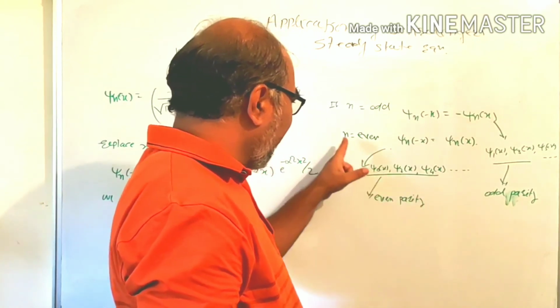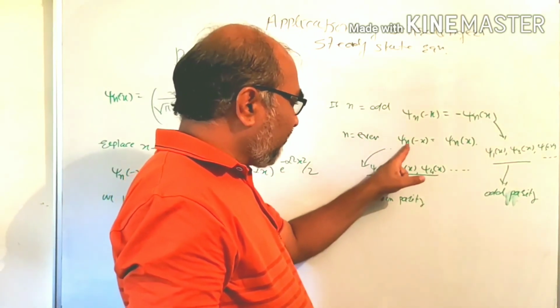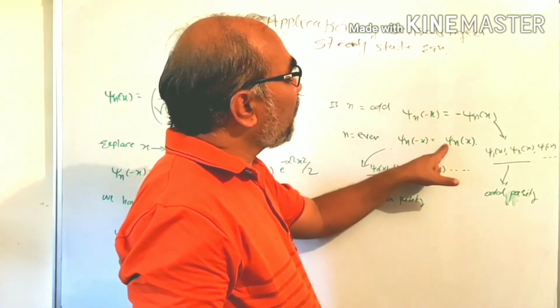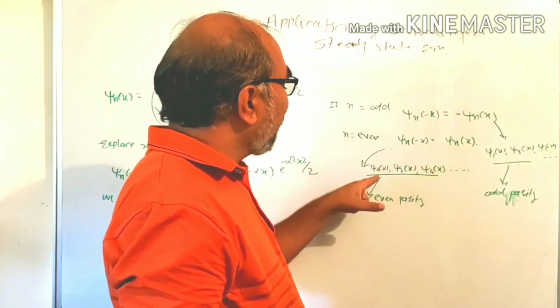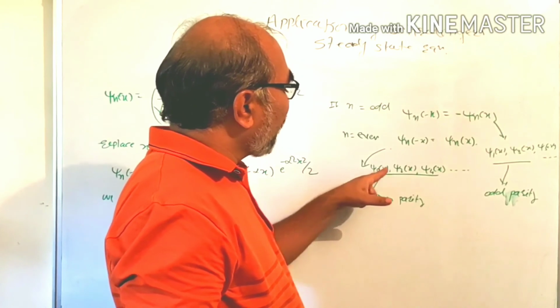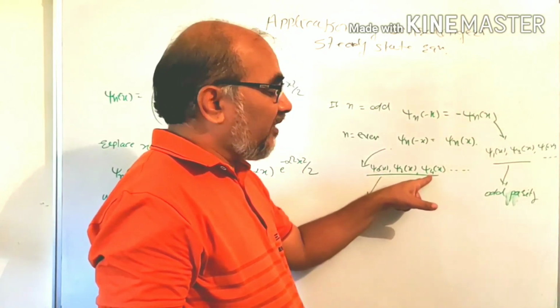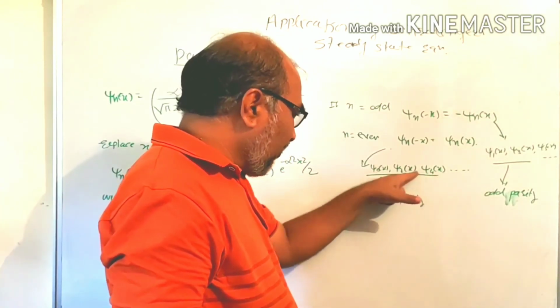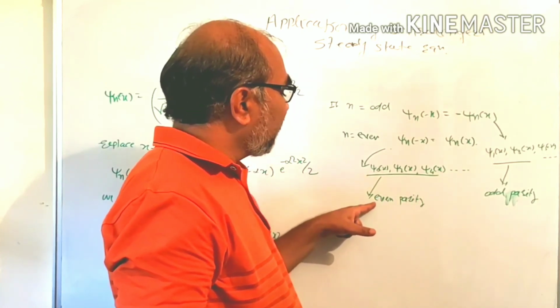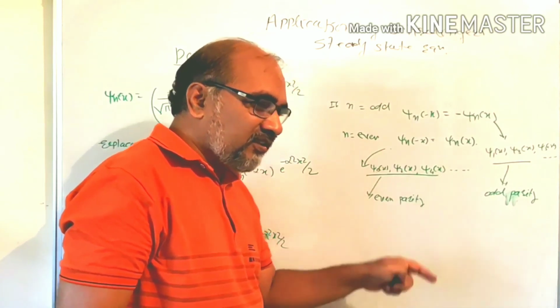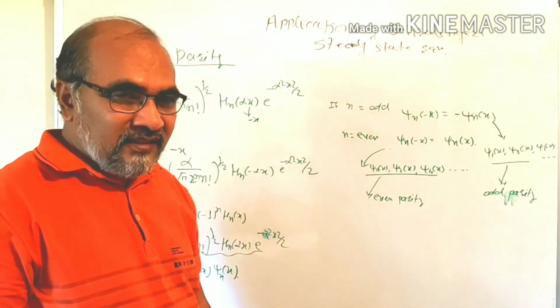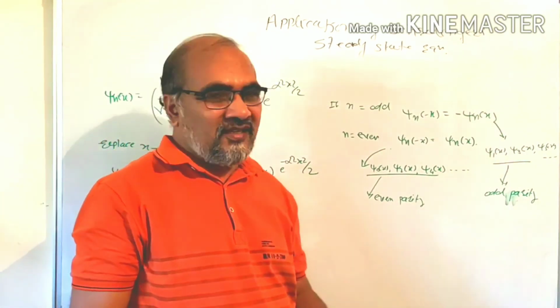When n is even, psi of minus x is equal to psi of x, so it becomes plus, and the corresponding wave functions, psi 0, psi 2, psi 4, are all even, and these are called even parity functions. Therefore the harmonic oscillator contains either odd parity functions or even parity functions.